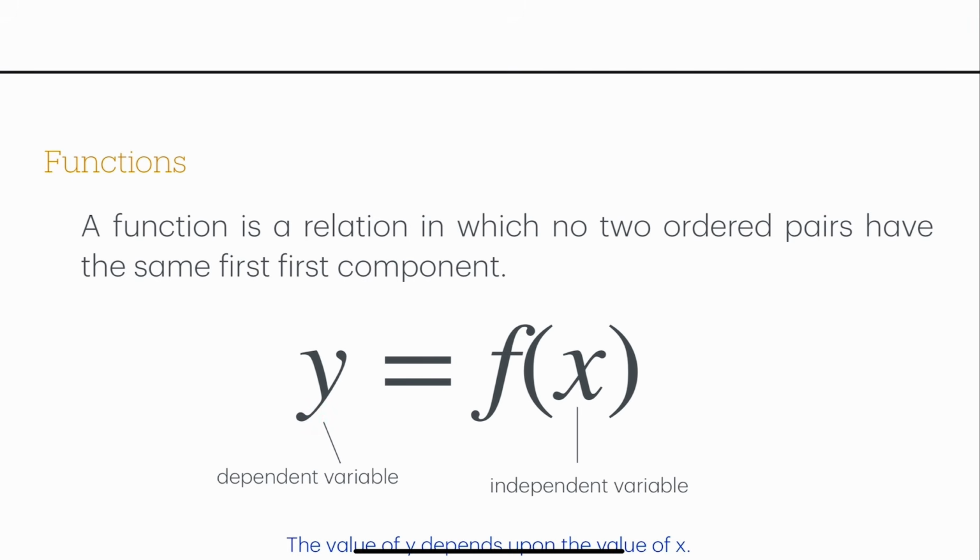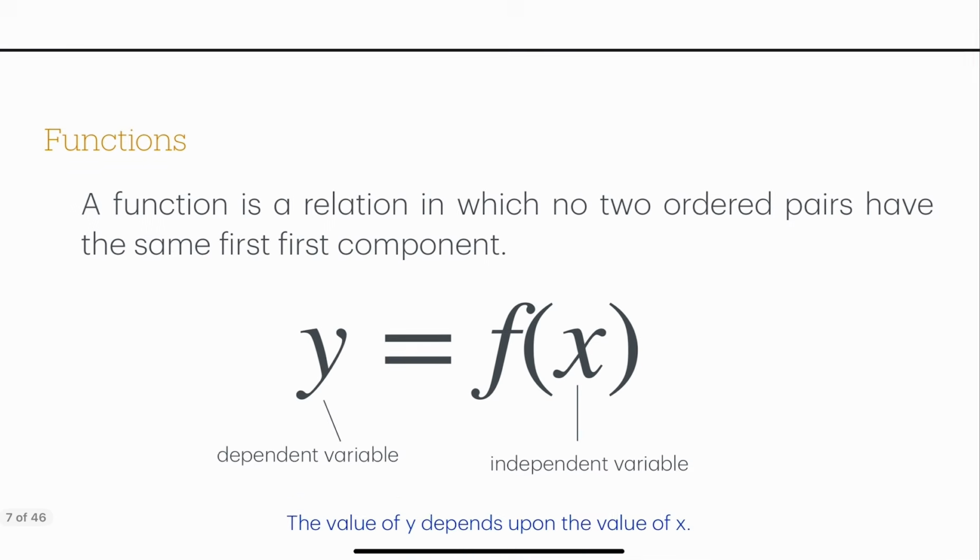So if the input is denoted by x, our output is y, and this as a whole is our output, this is read as f of x. And this entire equation, we read this as y is equal to f of x, or meaning y is a function of x. So x is our input, our independent variable, y is our output, which is our dependent variable.